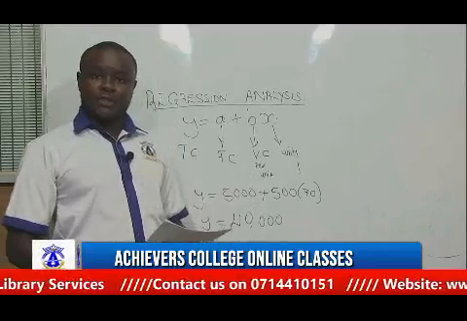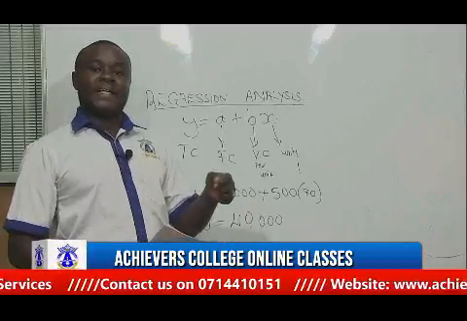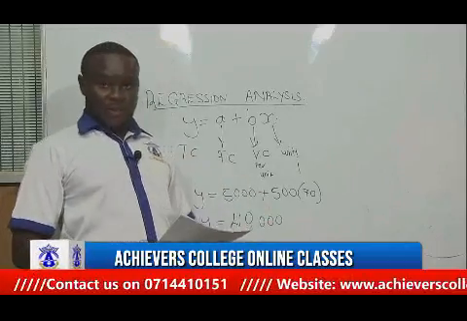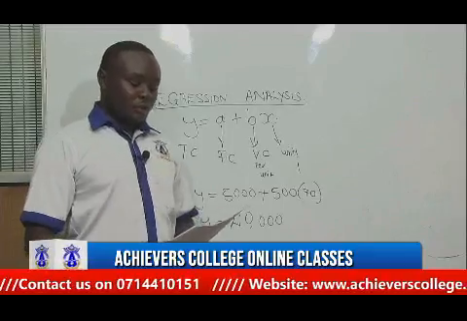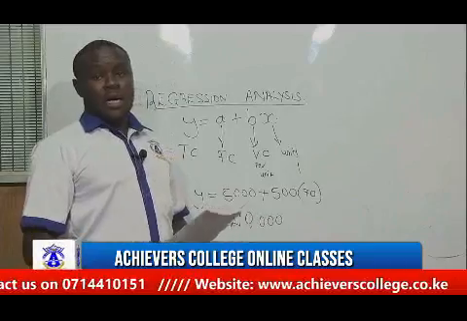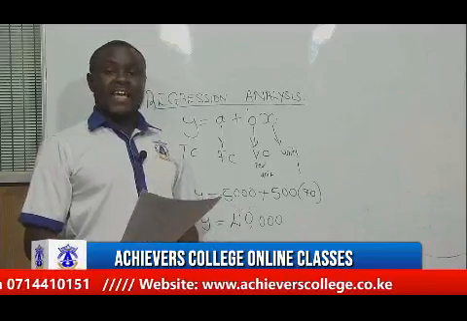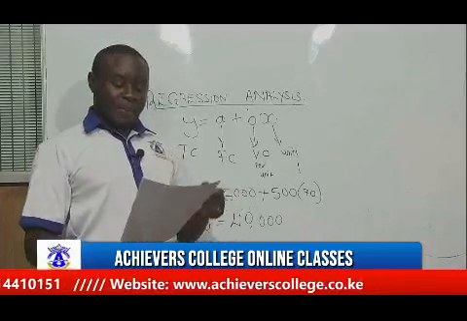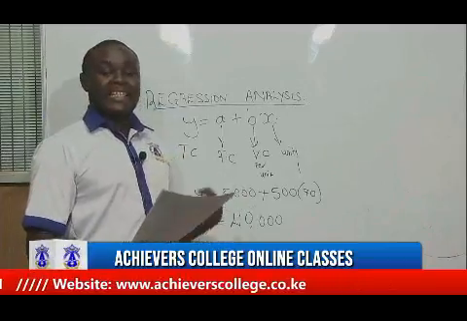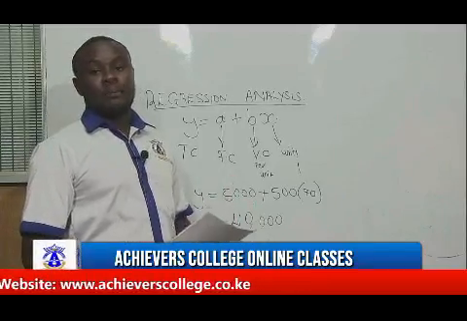As I have mentioned earlier, regression analysis is used so that we can estimate the relationship between the two variables. Number two, it determines the effect of each independent variable while controlling the effect of all other independent variables. That is so evident in multiple regression.